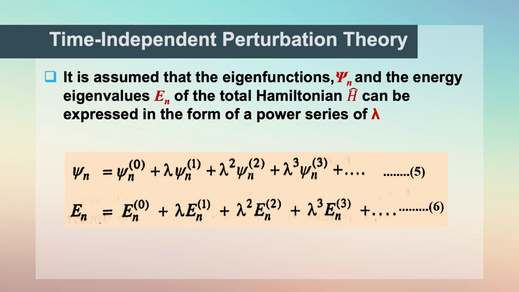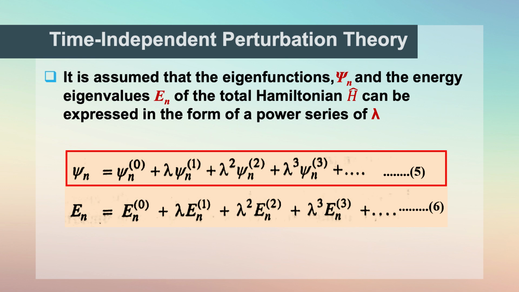This power series represents psi n and En, which are the wave functions of the present system under consideration. Psi n is mathematically equal to psi n0 plus lambda psi n1 plus lambda square psi n2 plus lambda cube psi n3, etc.